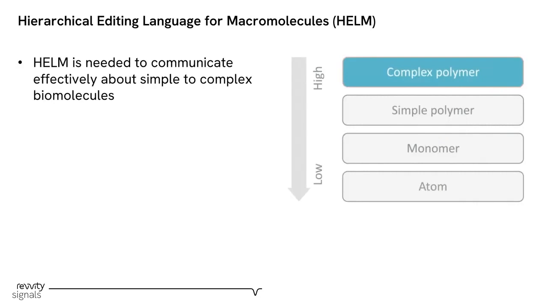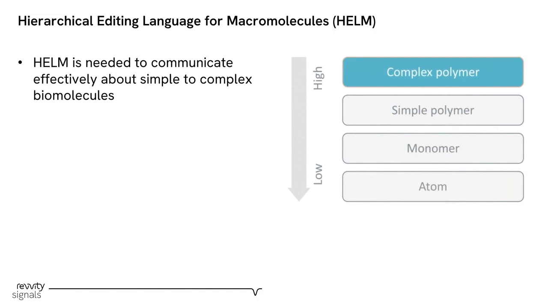Okay, so before I introduce our speakers and demonstrations, let's all get on the same page on what is HELM, why was HELM made, and where it came from. So again, hierarchical editing language for macromolecules, or HELM, is a way to represent the molecular continuum from atoms to complex polymers and to standardize how they are represented.